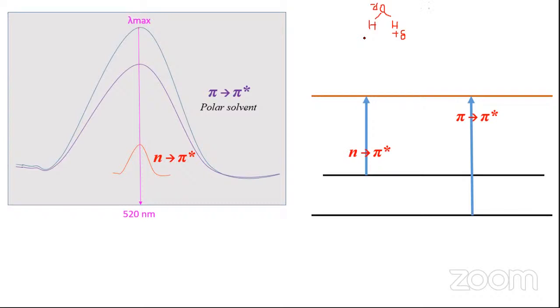I can also talk about a pencil or a pen. If I draw a pencil or a pen like this, then one end of the pen is from where you can write, while the other end you cannot write from. So I can say this is the head and this is the tail of the pencil. So you have two dissimilar ends.